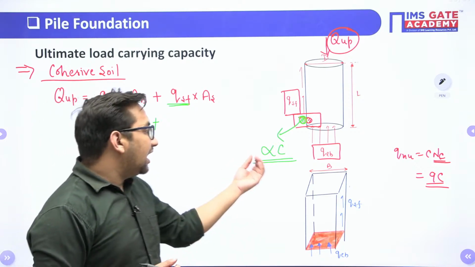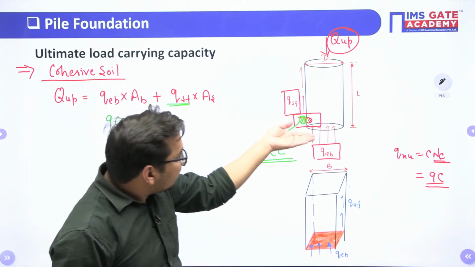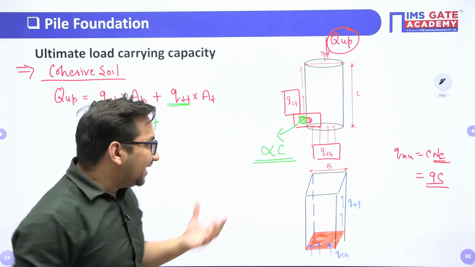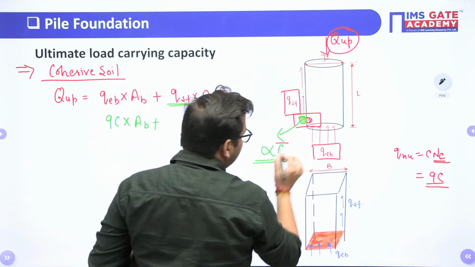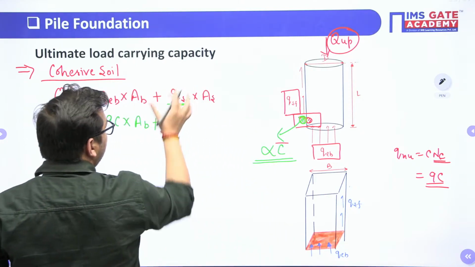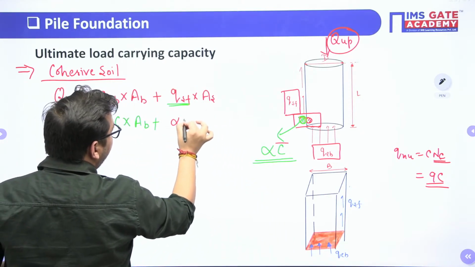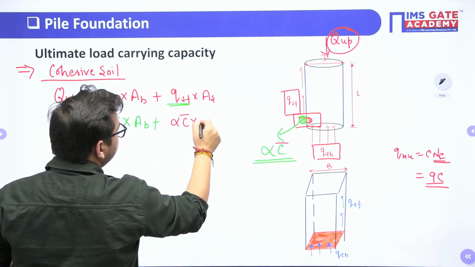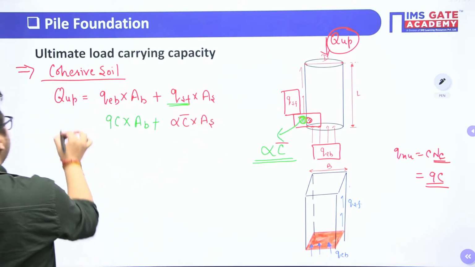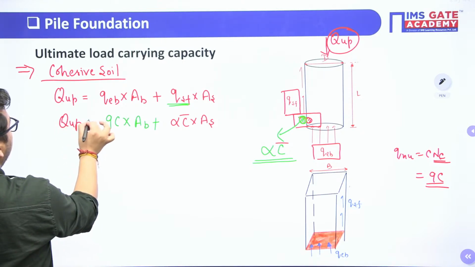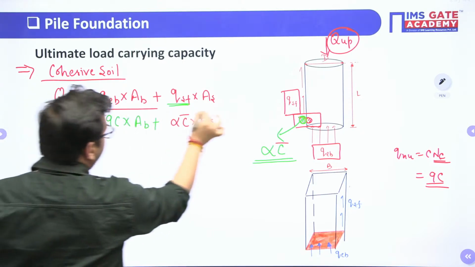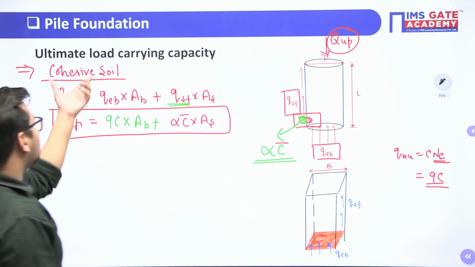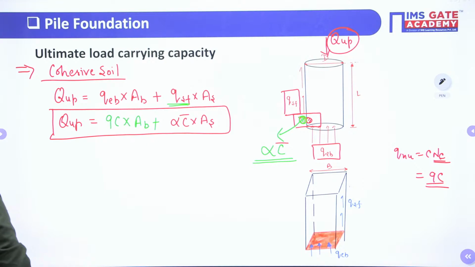So that will be alpha into C. Now you know that along this particular length, your cohesion value may change, so we take the average cohesion value. So this QSF will be alpha into C bar and this AS. So this is the load carrying capacity of the pile in your cohesive soil, right? Skempton is used for cohesive soils only. So this particular case is for your cohesive soil.